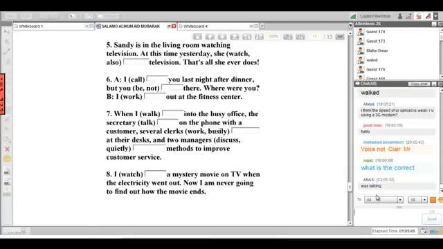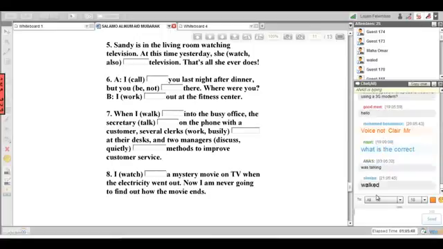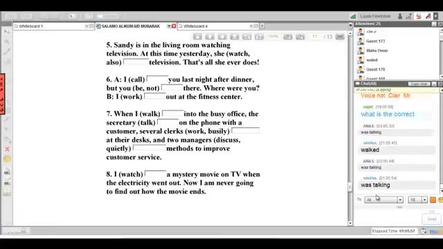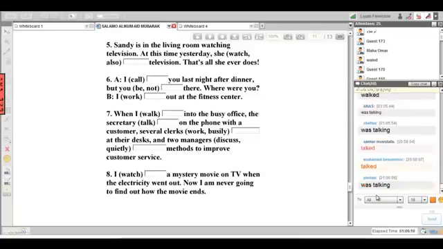When do we use worked or was working? Okay, Najat, we use worked if the action is finished, but here the impression is that the action is not finished. The impression of the action is that he was out, so you were not there. You were not at home. Where were you?